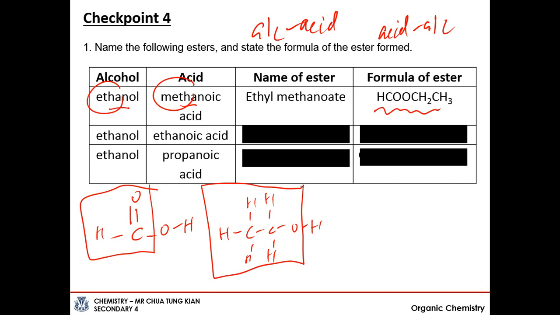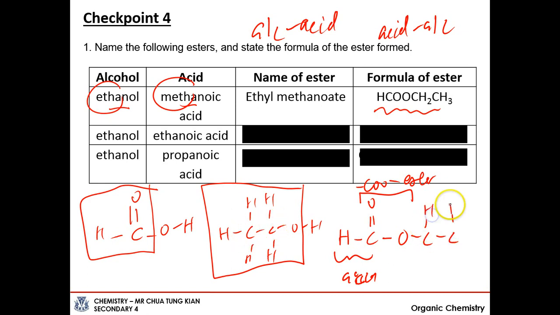So if I were to draw this out, this is the acid portion. And I am now drawing the alcohol portion. Notice, take a very close look at how I draw. I'm now drawing it backwards because this COO portion tells me that this is the ester. So my O is here. From my O, the next one is carbon. From my carbon, the next one is another carbon. And my carbons have 5 hydrogens. So this is the structure of my ester, ethyl methanoate.